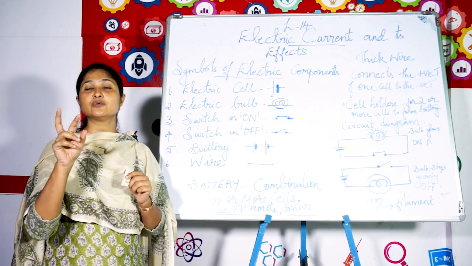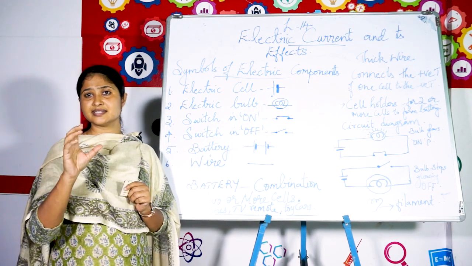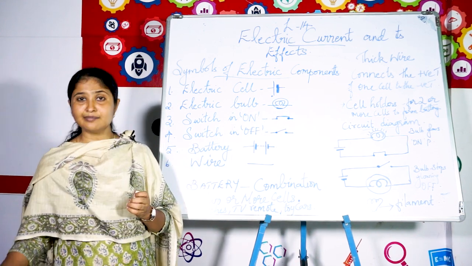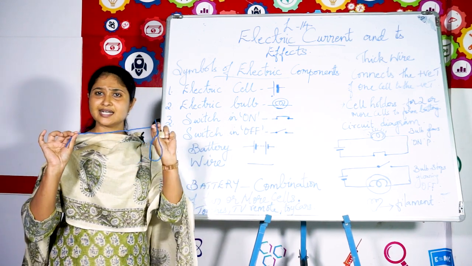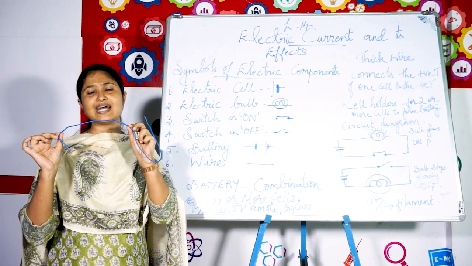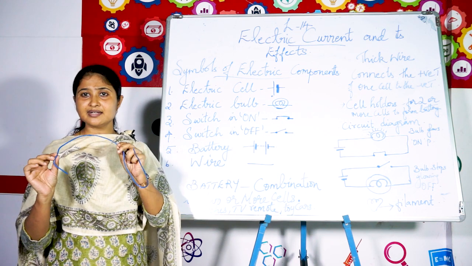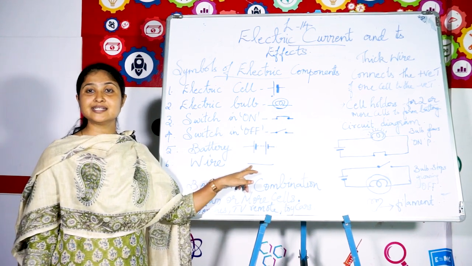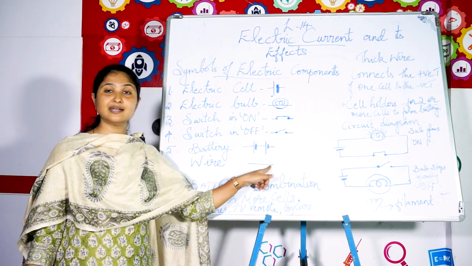That means two cells are present in that circuit. Now the next one is the wire. A wire is what we use to connect the switches and the bulbs. This wire is represented simply as a line.